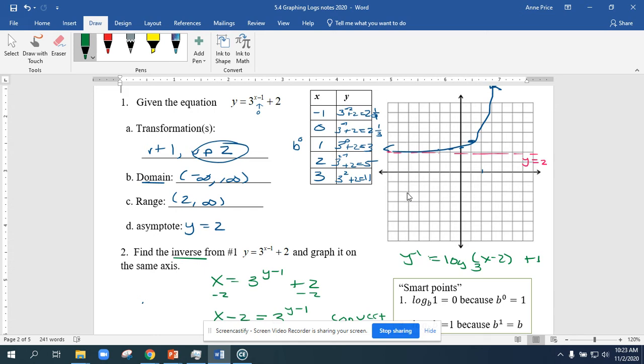So the nice one is (1, 3), so this one's going to be now (3, 1). And then 5 over, we're up at 2. So I'm just switching these ordered pairs. And then 11 over, we're up at 3. So we're growing really, really slowly.